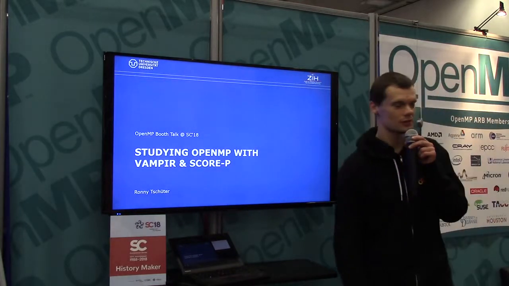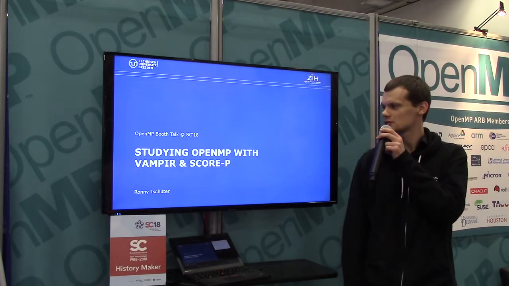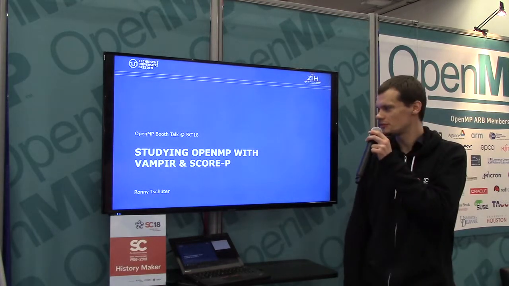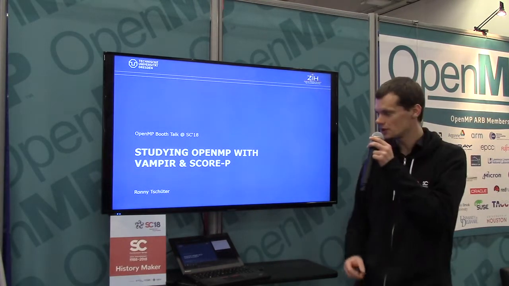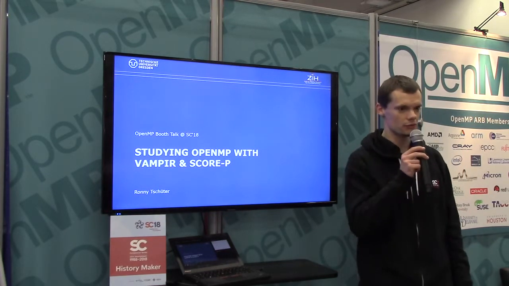Okay. So, hello everyone. In my talk today, I want to give you a short introduction into studying OpenMP performance with Vampir and Score-P. So when it comes to performance analysis, we need two software components.